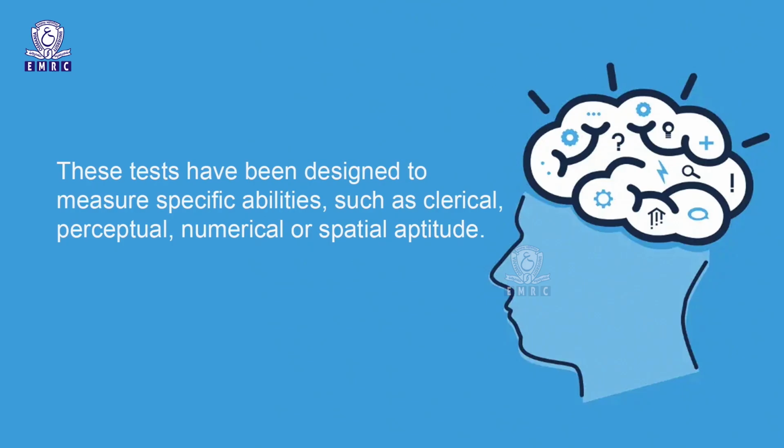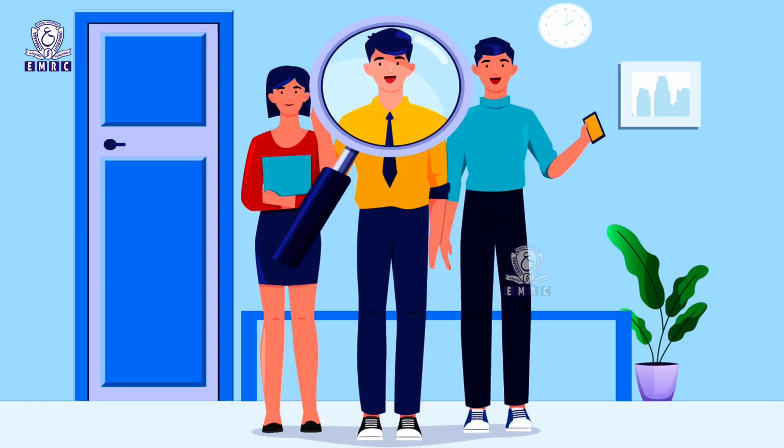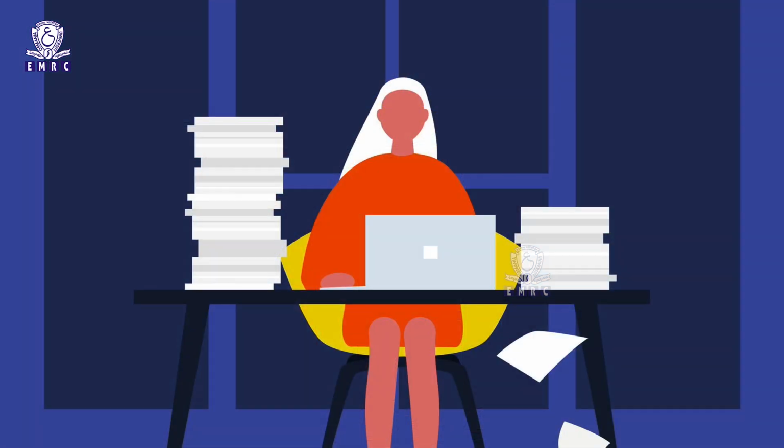Aptitude tests. These tests have been designed to measure specific abilities such as clerical, perceptual, numerical or spatial aptitude. Sometimes these tests must be specially designed for a particular job, but there are also tests available that measure general clerical and mechanical aptitudes or even general learning ability.